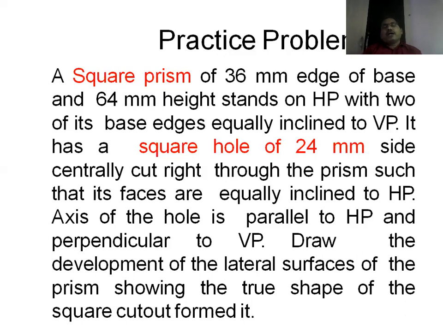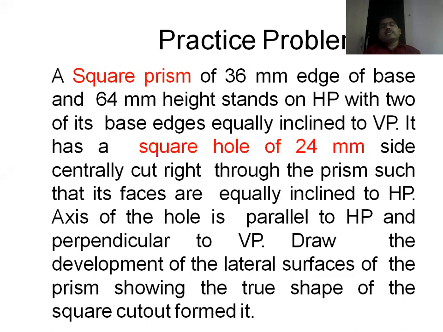Now we'll again read this problem very precisely. First, which solid is given? Square prism. Square prism base is 36, axis side 64, and how is this square prism resting? It stands on HP with two of its base edges equally inclined to VP. So can you draw the position of this square prism in top view?